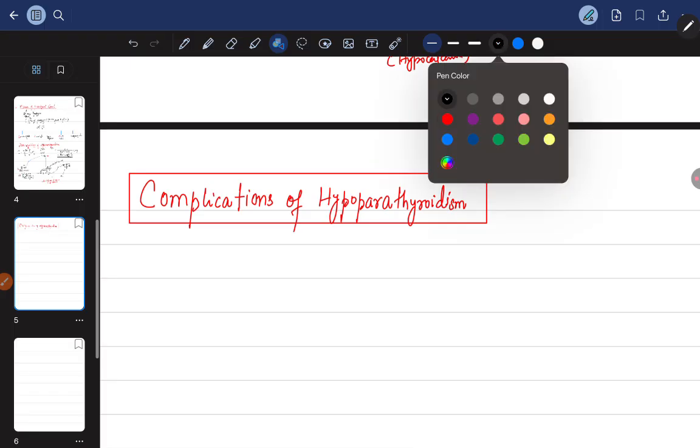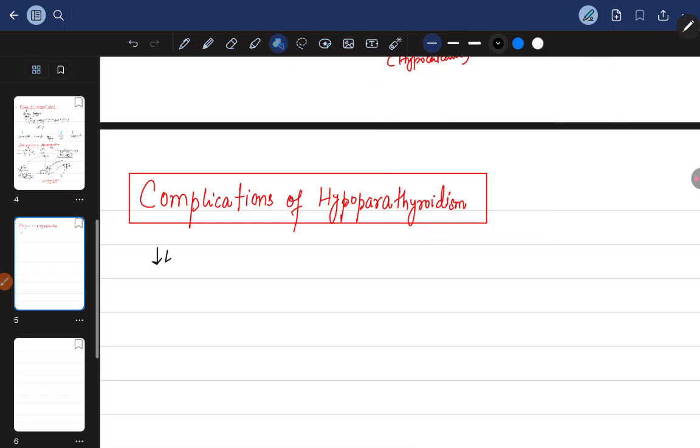See, normally whenever there is decreased PTH, okay, the bone, there will be decreased sensitization of this bone, and what will happen?